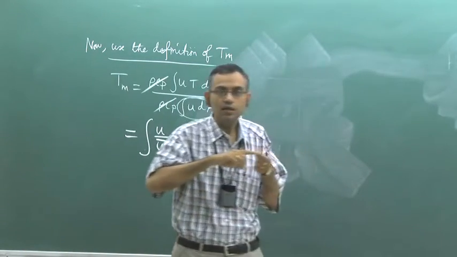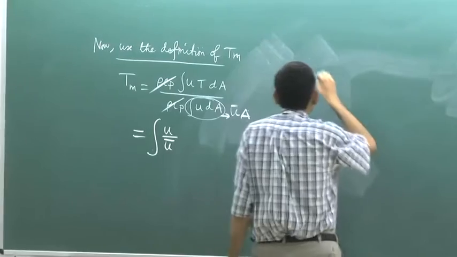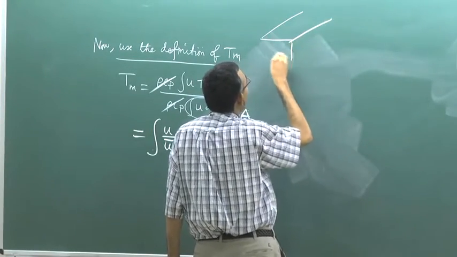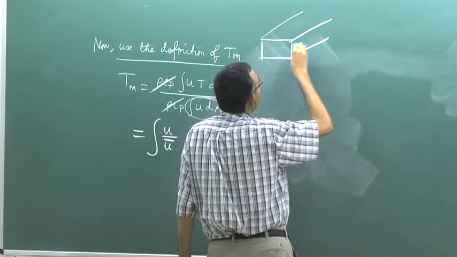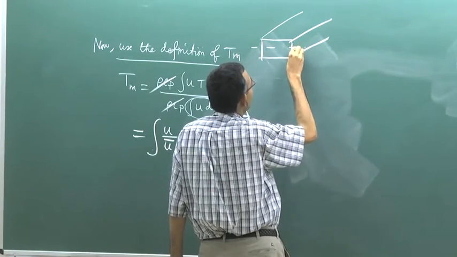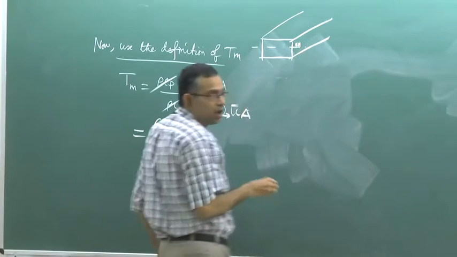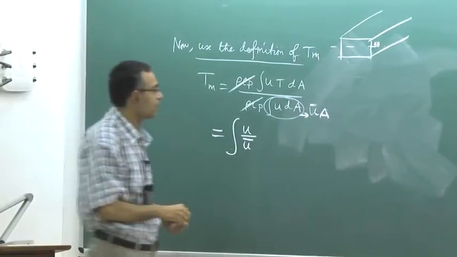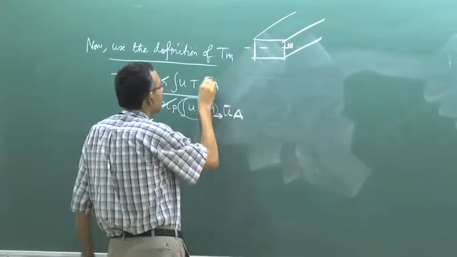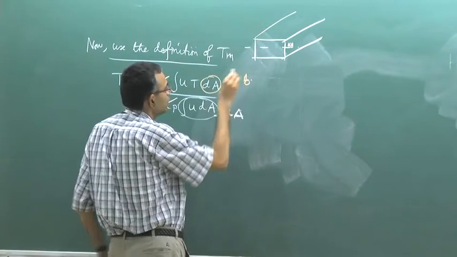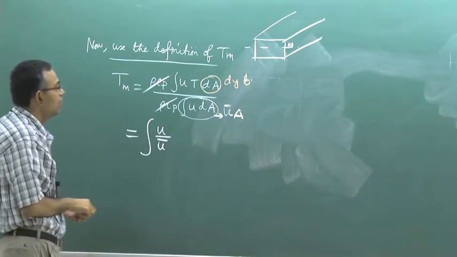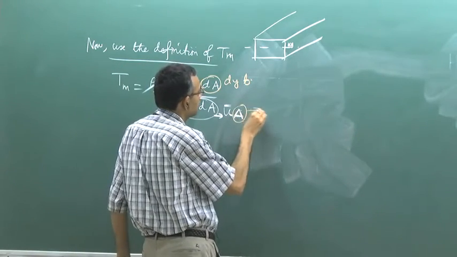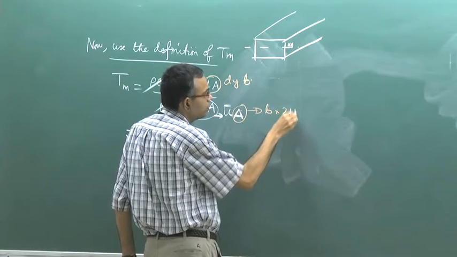If you have a parallel plate channel like this, at a distance y you take a small strip of width dy, so dA is dy into B, and A is B into 2H.